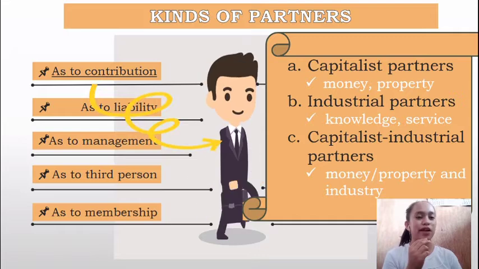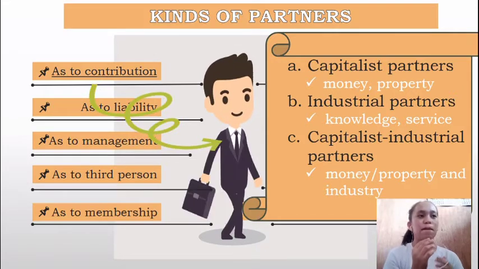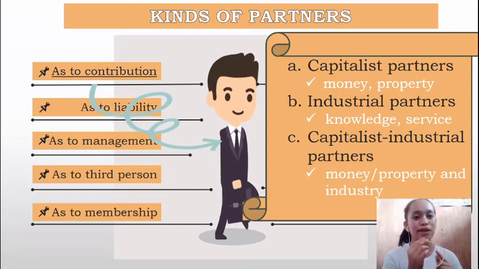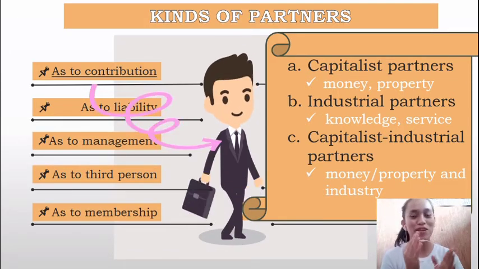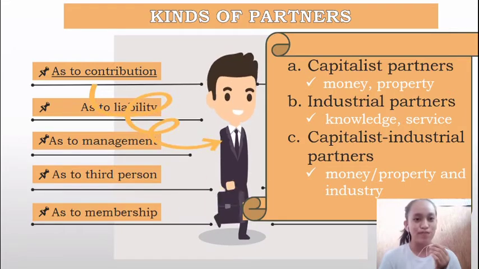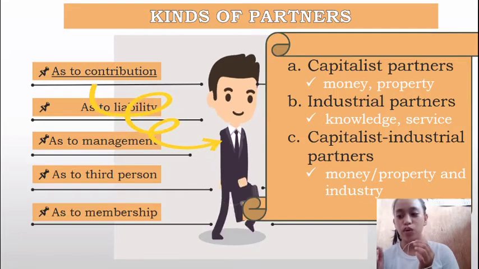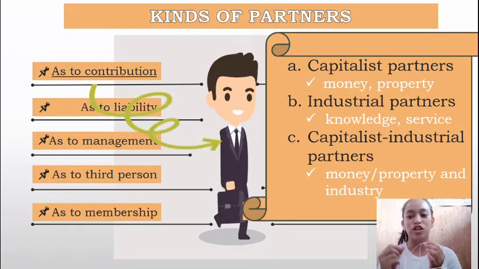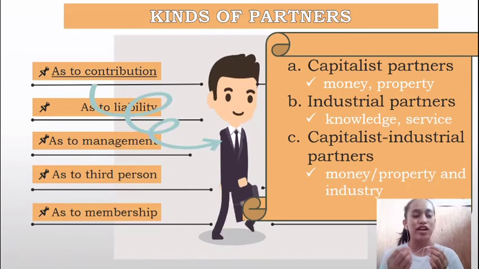A capitalist partner is a partner who contributes money or property, or both money and property, to a common fund. The industrial partners are the partners who contribute knowledge or personal service to the entity or to a common fund.